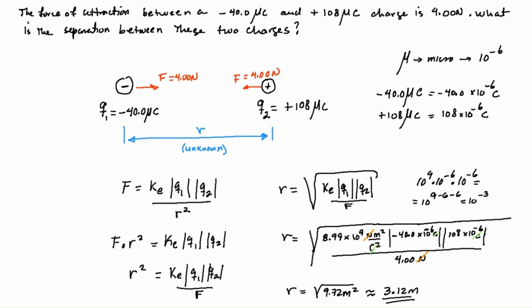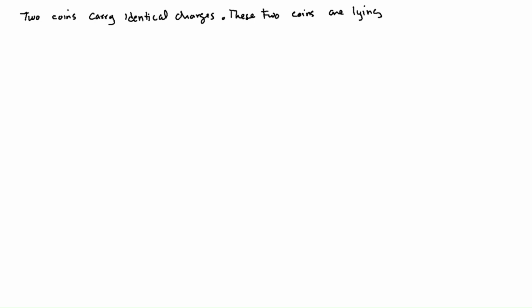So now look at the next exercise that I have for you. They say in this exercise, two coins carry identical charges. These two coins are lying 2.50 meters apart on a table.